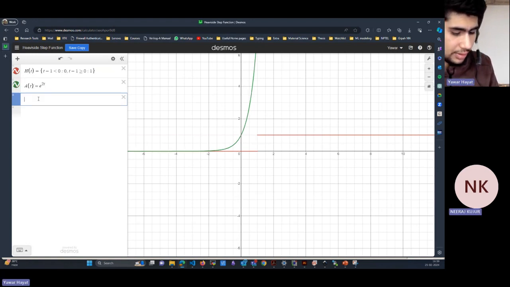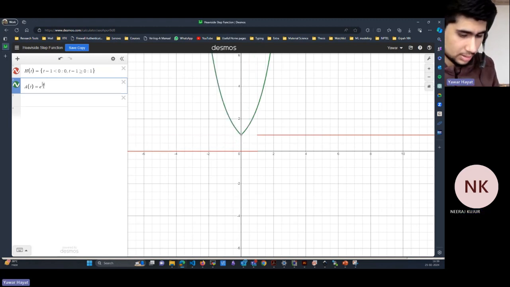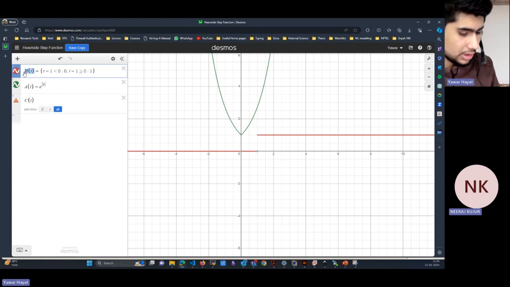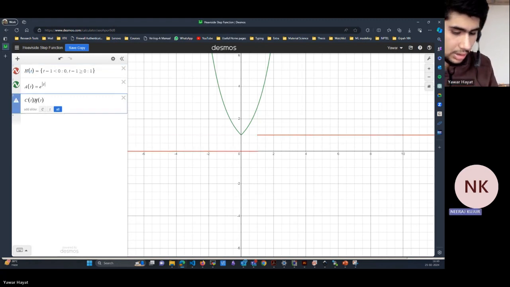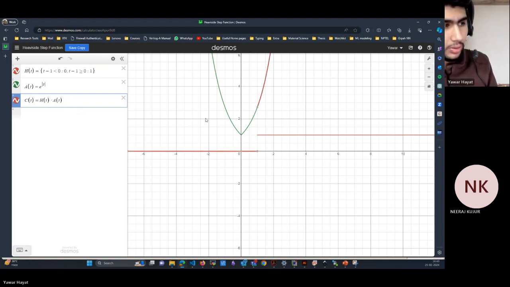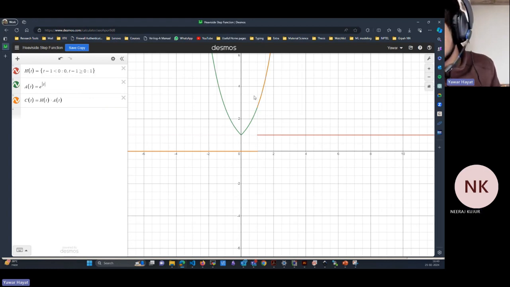Or we can take modulus, e to the power mod t. Now I'll compute function c, which would be h of t multiplied by a of t. Convolution would not be done readily here, so I'll perform multiplication. I colored this orange. So this orange function is the product of these two: a shifted step and an exponential.